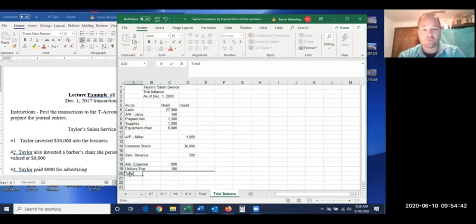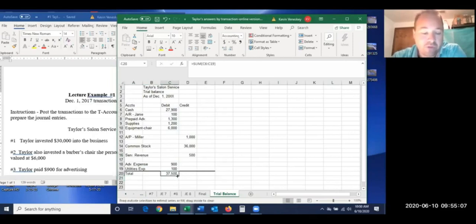And now we want to total. When I total up all of my debits, it better be the same as all of my credits. That's how I'll know if I've most likely done it correctly. Doesn't mean I definitely did it correctly, but if they don't balance, then that definitely means I have an error somewhere. So I'm just going to copy this formula, pull it on over.